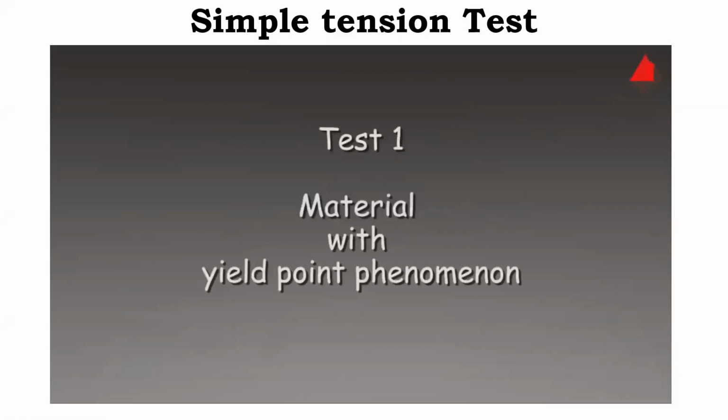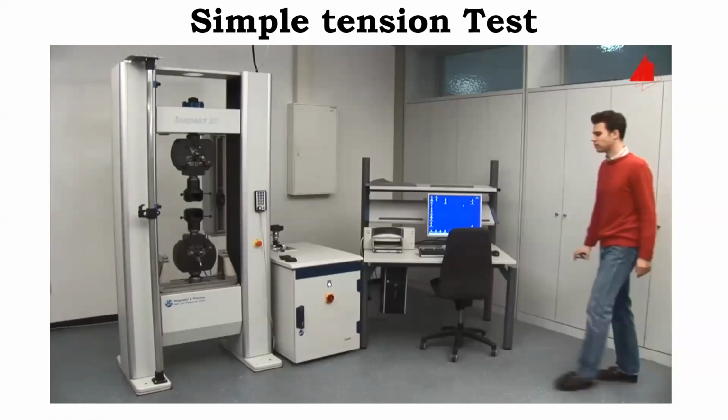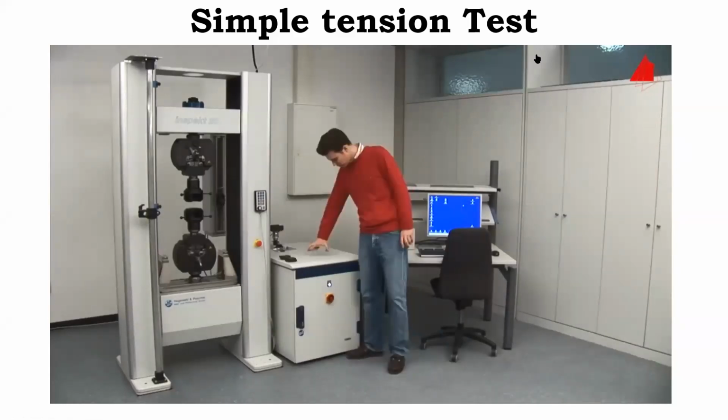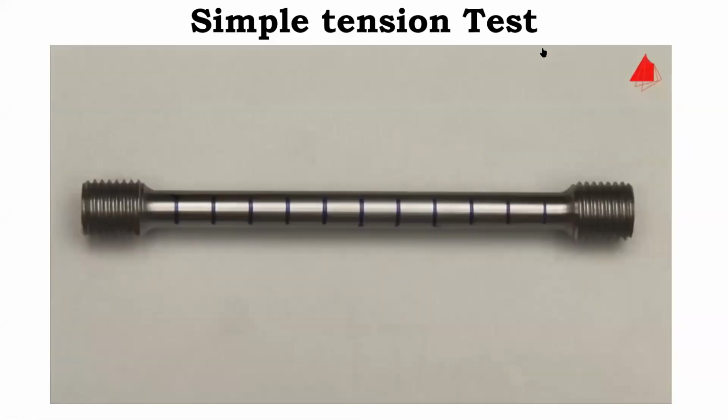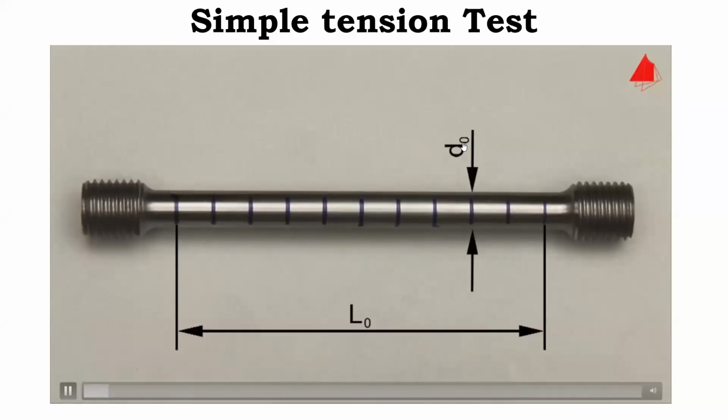The tensile test. First test, material with yield point phenomenon. In the first tensile test, a plain carbon steel with yield point phenomenon is to be tested. This is the test piece. It has a cylindrical test region with an original diameter of 10 millimeters and an original gauge length of 100 millimeters.